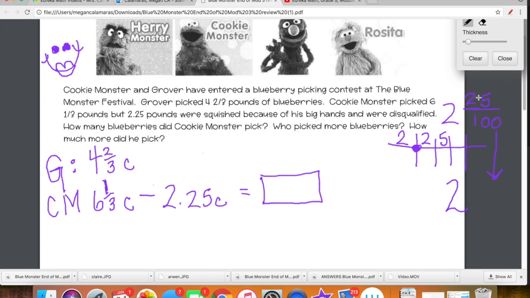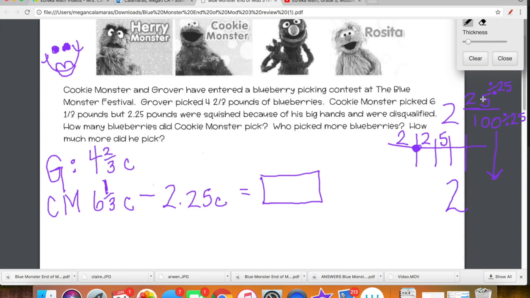We worked on this today in class, so you guys know that the largest number that we can divide into 25 and into 100 is 25. So we're going to divide the upstairs by 25, and we're going to divide the downstairs by 25. You guys know that we have to use the same number upstairs and downstairs, because otherwise the numerators and denominators will get into a huge fight, and it's uncomfortable for all of us.